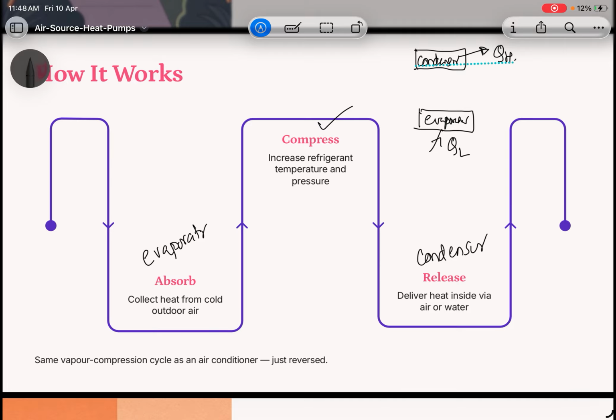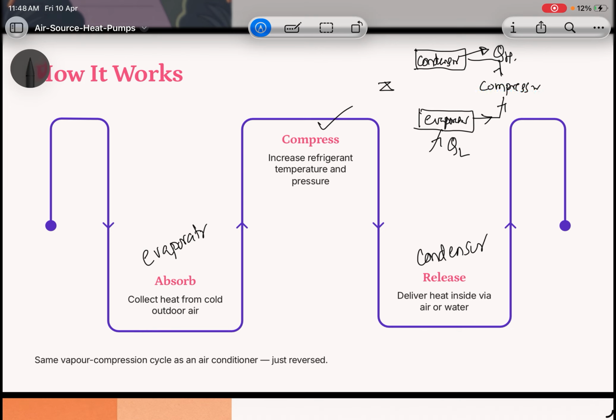And how is this possible? This is possible by employing a compressor and an expansion device. The refrigerant flows and absorbs the heat from the space in the evaporator. This refrigerant is compressed in the compressor.